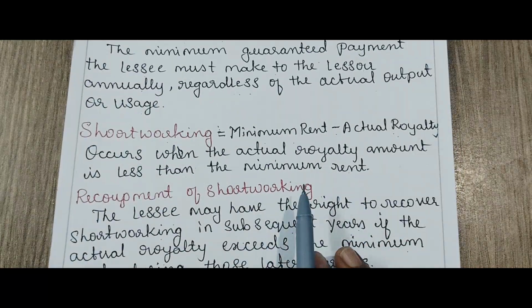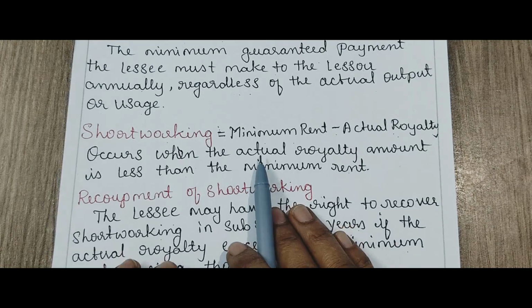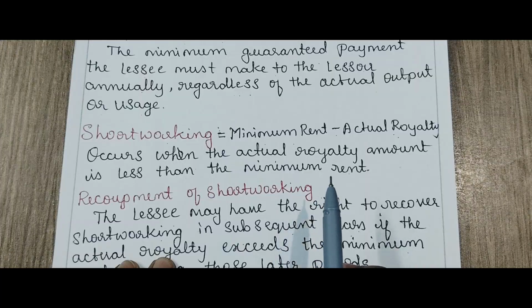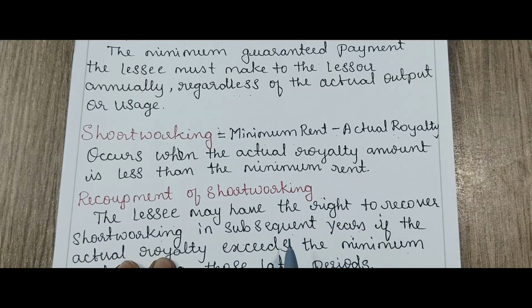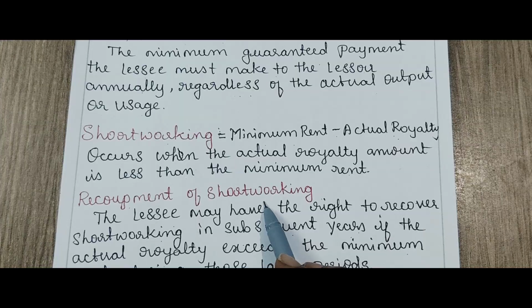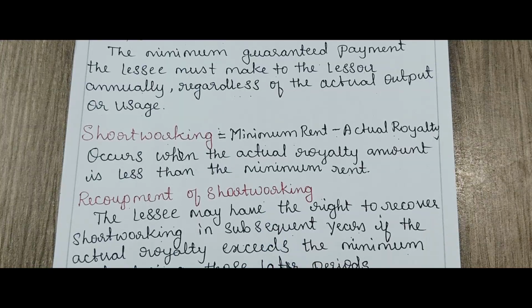Here he is paying a guaranteed amount when he is not able to reach the actual output or usage, right? He should have some right to recover that amount when it is exceeded. So there is an option of recoupment of short working in subsequent years.